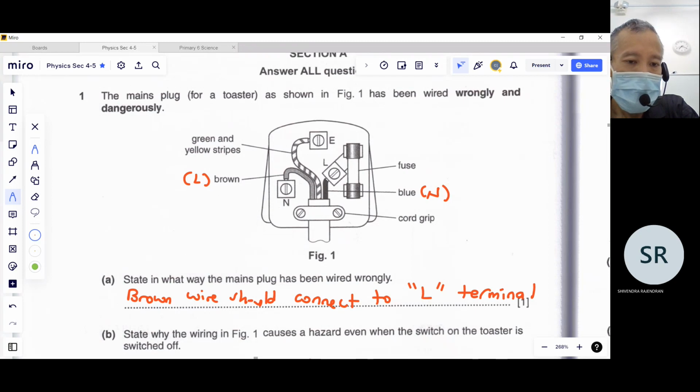I won't say any further, but now they did mention way rather than ways. So by right, if you just give one way, that suffices to get you your 1 mark. But anyway, just to make sure everyone is clear, the blue wire should connect to the neutral terminal.